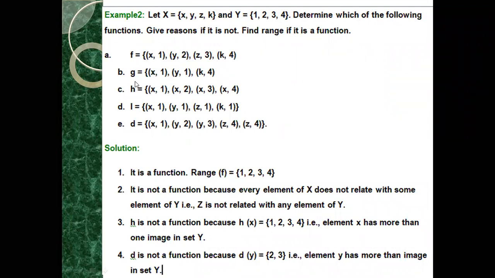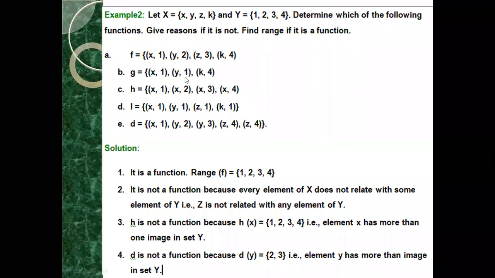And next one, g is equal to {(x, 1), (y, 1), (k, 4)}. So x is related to 1, y is related to 1, k is related to 4. But in this mapping, the domain has elements x, y, z, k, while here the domain elements are x, y, k.